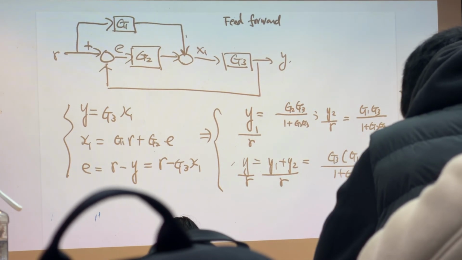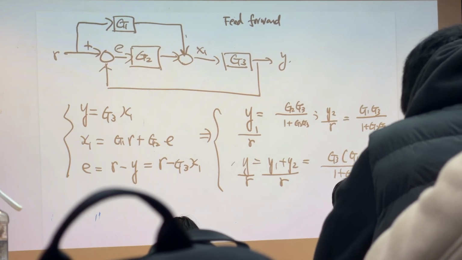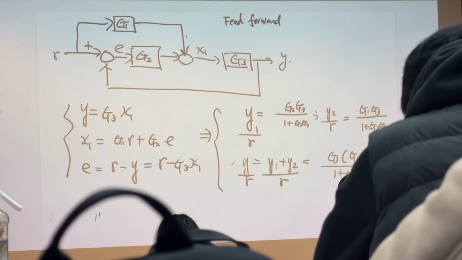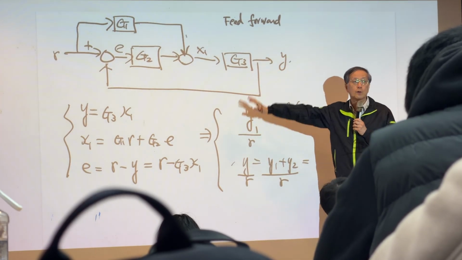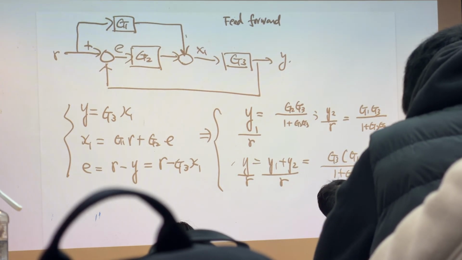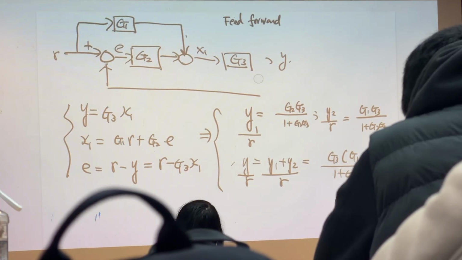And you will see that by feed forward, the result actually is G3 times parenthesis G1 plus G2, divided by 1 over G2 G3. So this is feed forward, okay? This is feed forward. So I'm showing you that we know this whole thing.